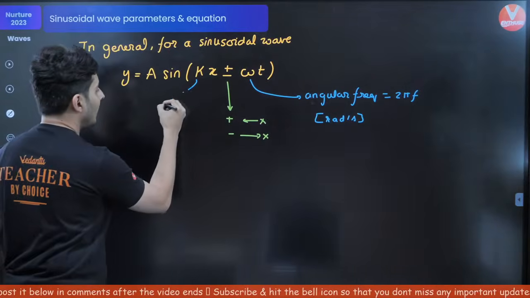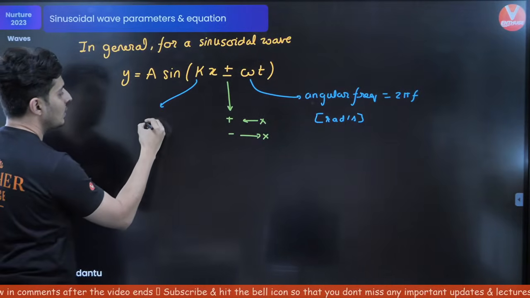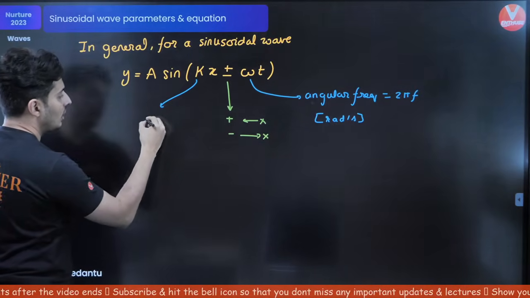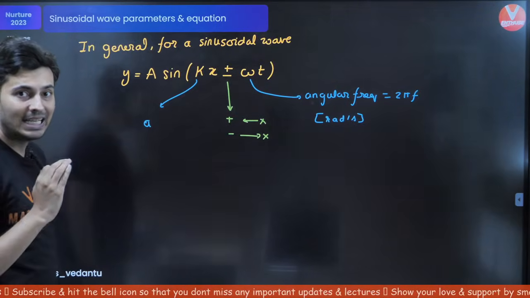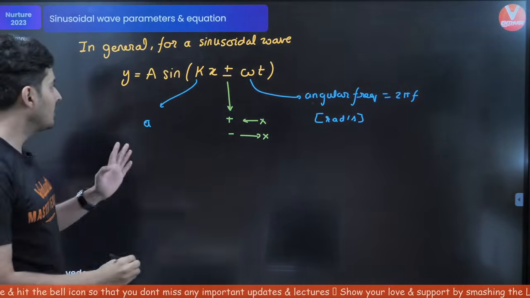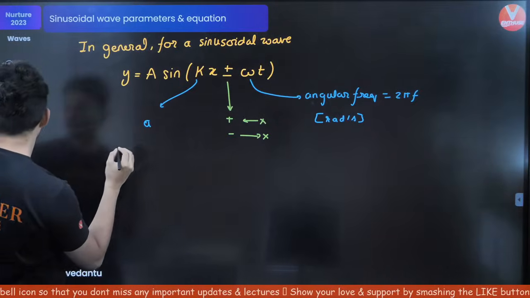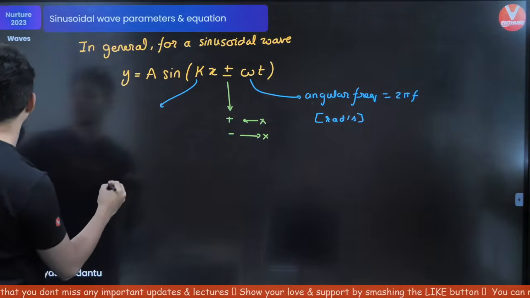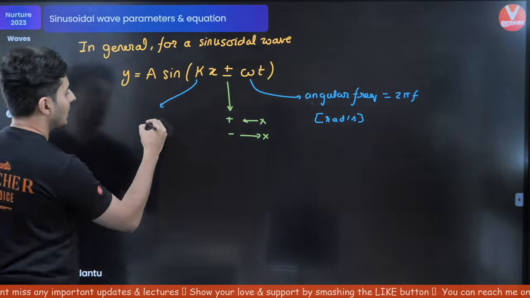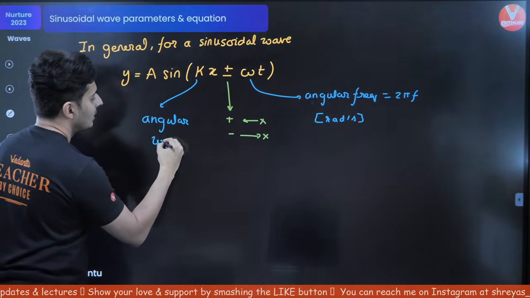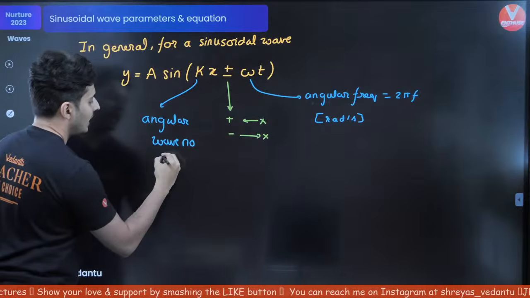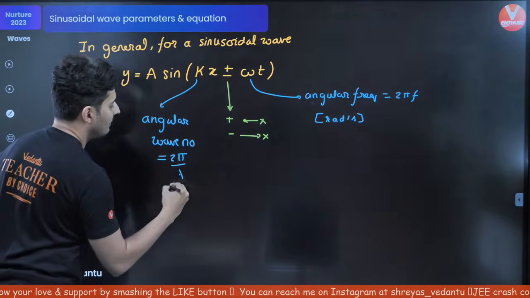Next, k. What is k? This is your radians per meter. I just told you, this is your angular wave number, and this is nothing but 2 pi divided by lambda.